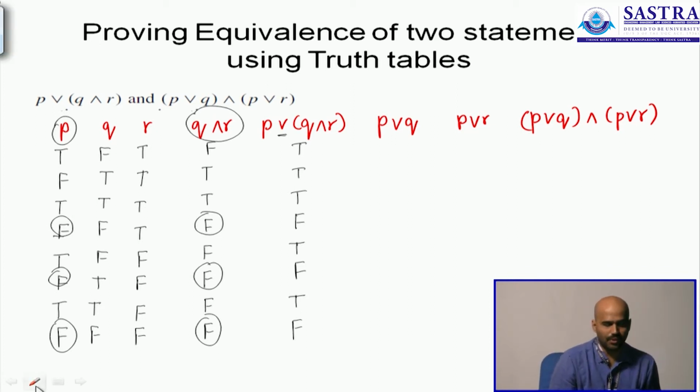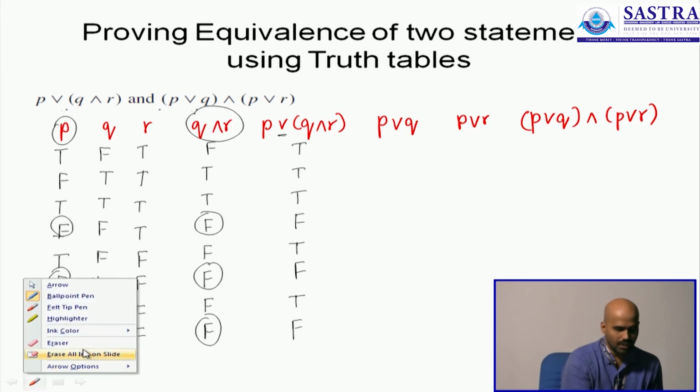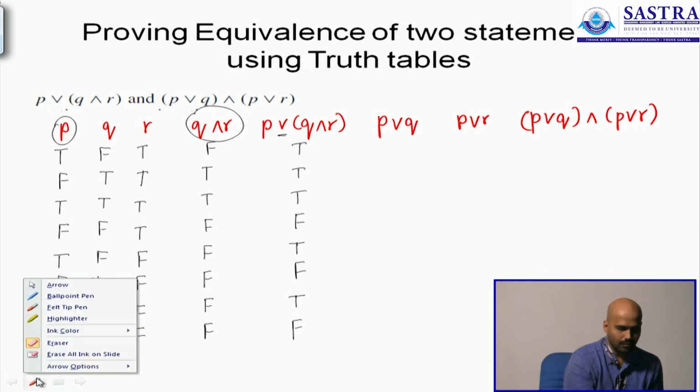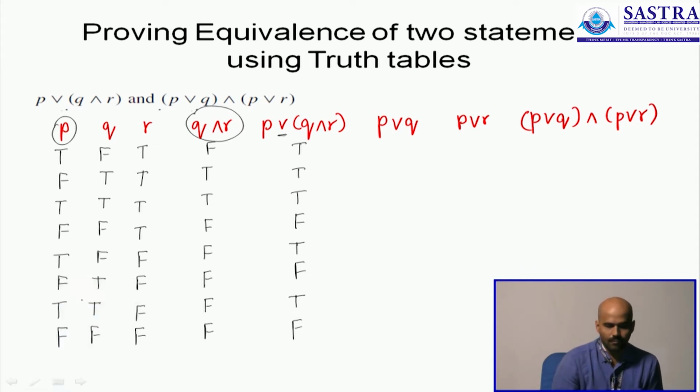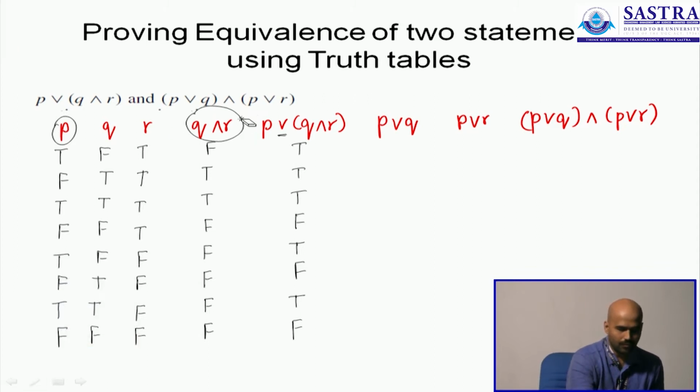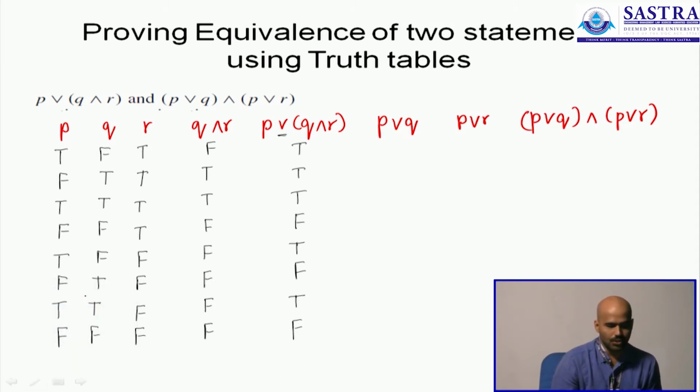Next is going to be a pretty easy one, a disjunction between the statement P and the statement Q. Easy again. P and Q, when you compare using a disjunction, it will take a false value only when both are false.